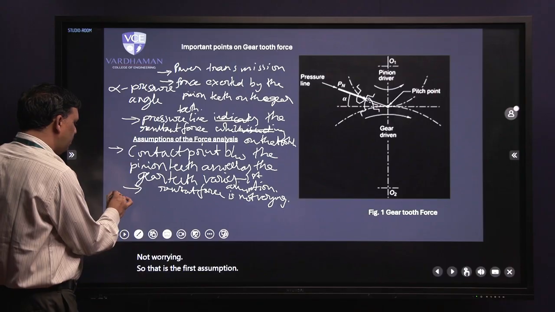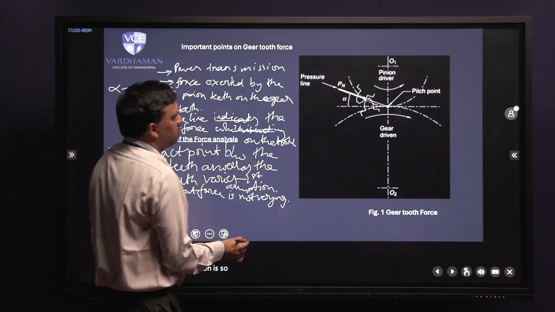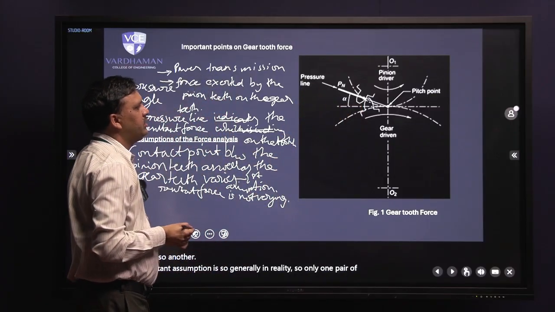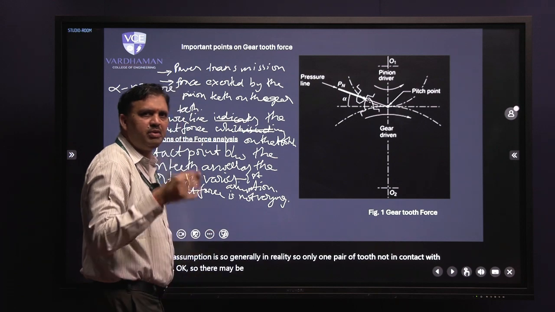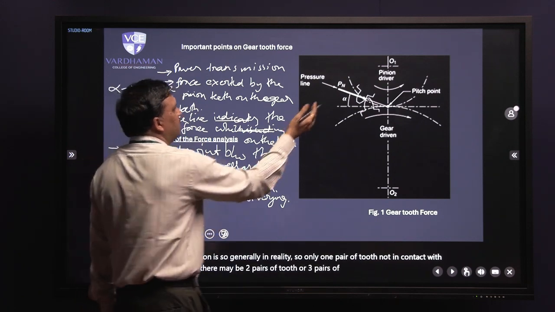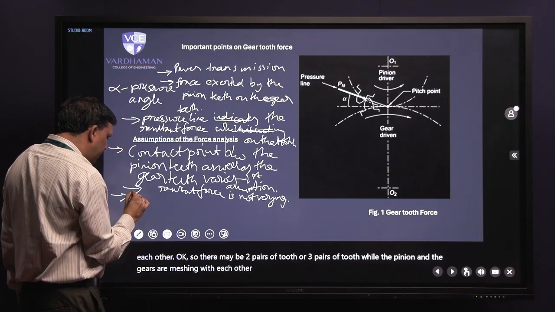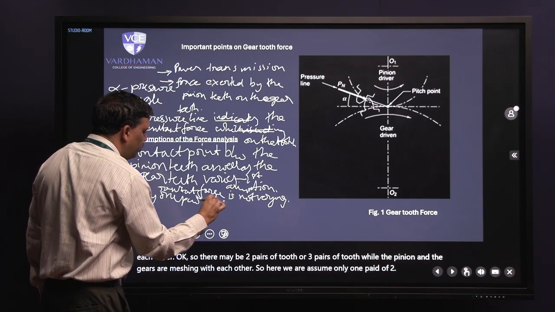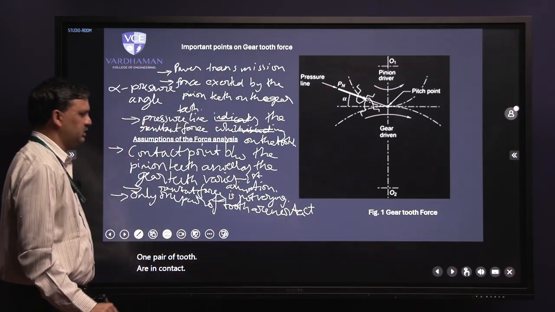Another important assumption is that generally, in reality, more than one pair of teeth is in contact with each other. There may be two pairs or three pairs of teeth while the pinion and the gear are meshing with each other. Here we are assuming only one pair of teeth is in contact in this force analysis.